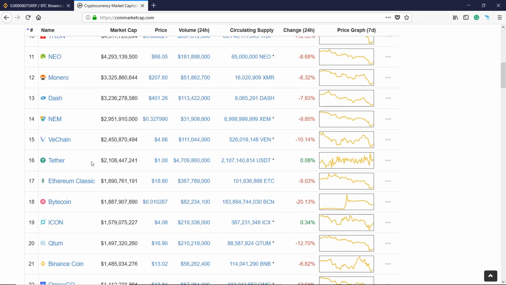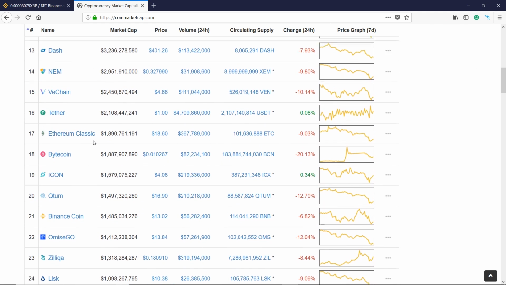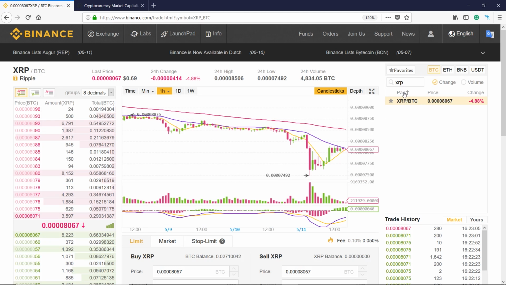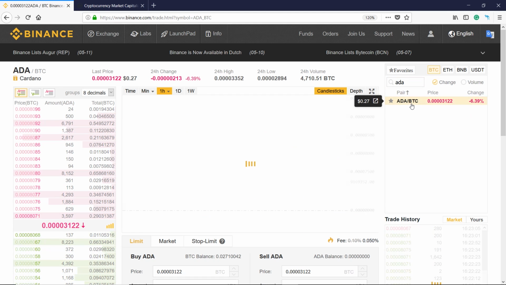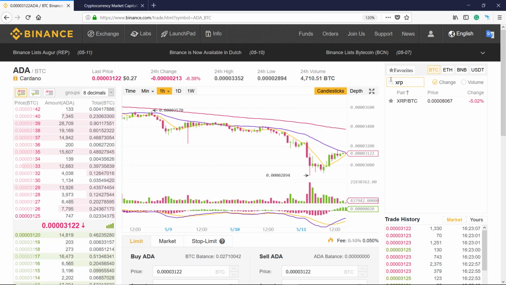Monero is XMR. So some of them are pretty intuitive, some of them are not. But again, if you are looking for a particular coin, you don't know the symbol, just hop on over to CoinMarketCap, get it, and then you can go back into Binance and pop it in, whether it's, like I said, a Cardano or Ripple, and so on and so forth.